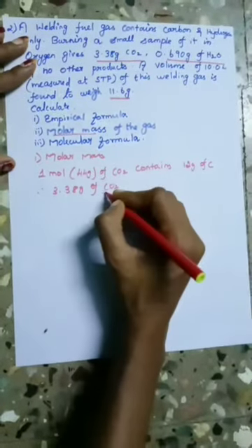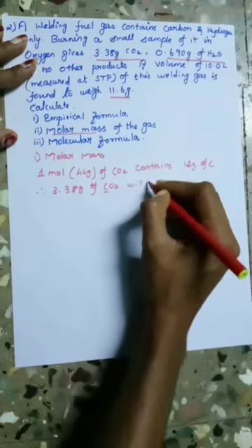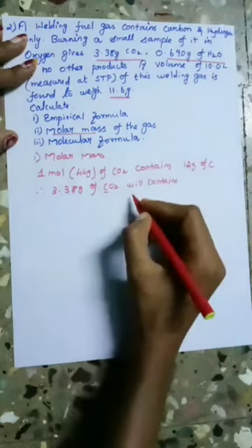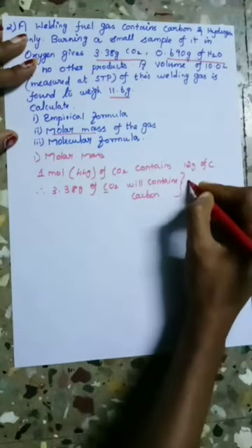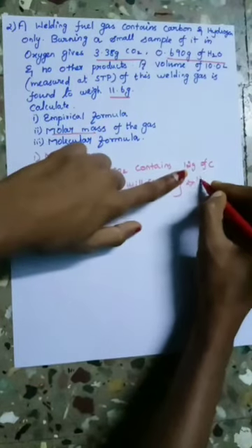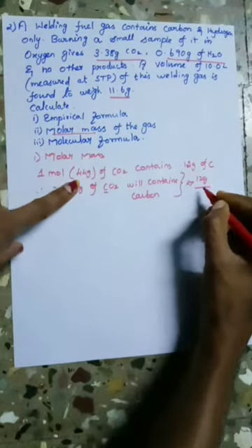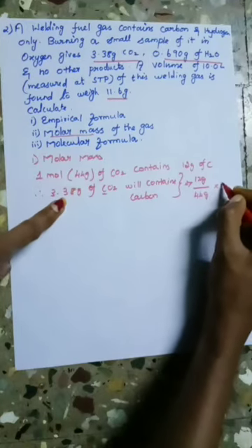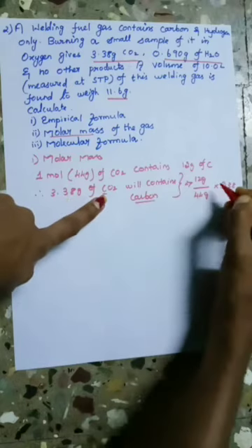Am I right? So what is the answer? 12 gram of carbon divided by 44 gram, which is 1 mole value, multiplied by 3.38 gram of carbon dioxide.